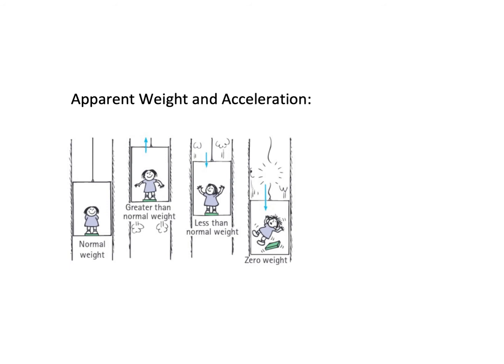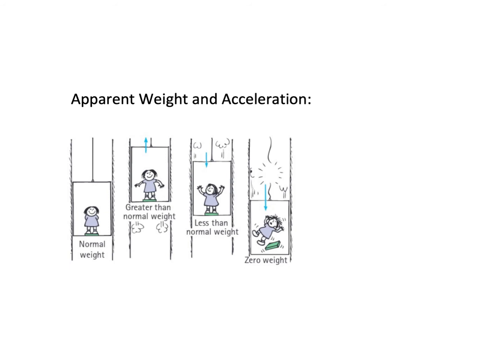It has to do with the fact that during some parts of that motion, the elevator is accelerating. It's changing its velocity, and we know that when anything changes a velocity, when anything accelerates, that means you have to have forces involved, because force equals mass times acceleration.